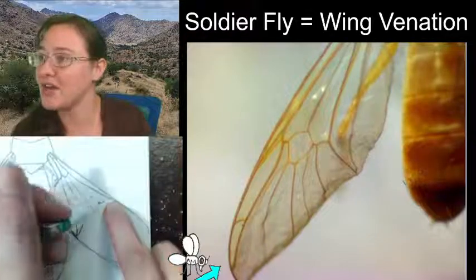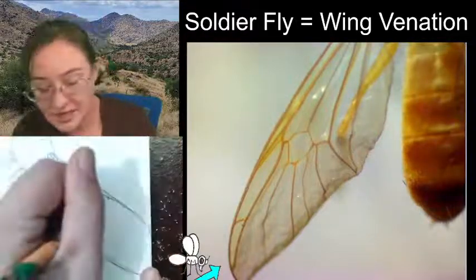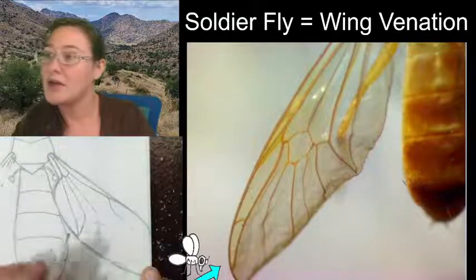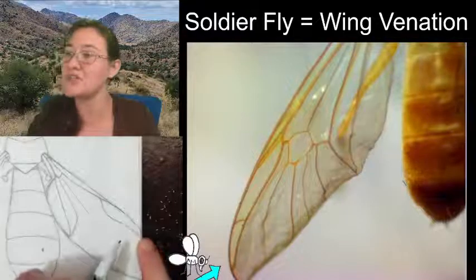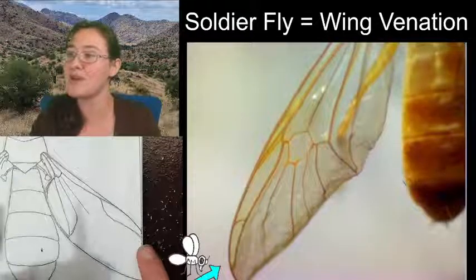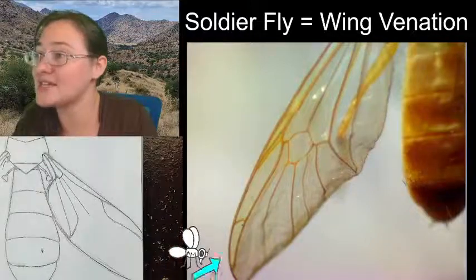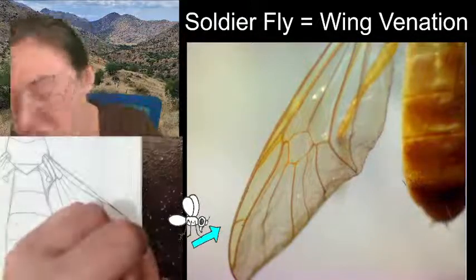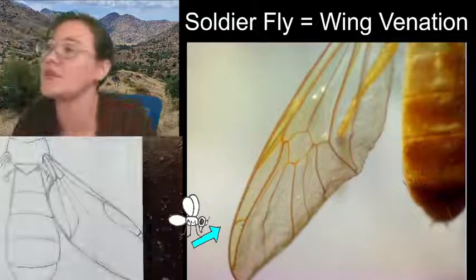So right here, our subcostal vein, and it's going to come out. It's going to get wide before it gets kind of narrow, and it will eventually meet up, but that is past where my sketch goes, and that's okay. And then I'm going to add this little itty bitty cross vein, which is probably going to be right at the edge of my paper, funny enough. All right.